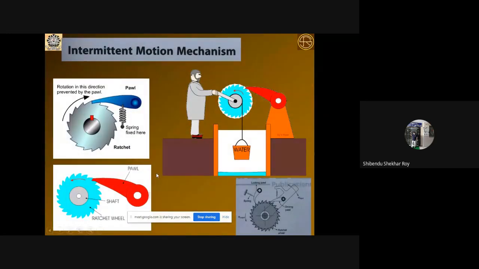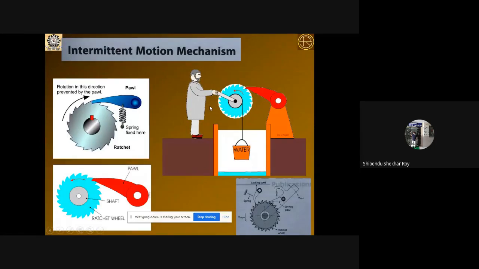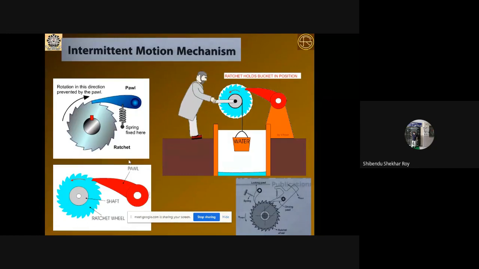This is the ratchet and pawl mechanism. See the ratchet and pawl mechanism used. You see here also the intermittent motion. You might see the ratchet and pawl mechanism in many cases; look at your automobile, there is use of the ratchet and pawl mechanism.